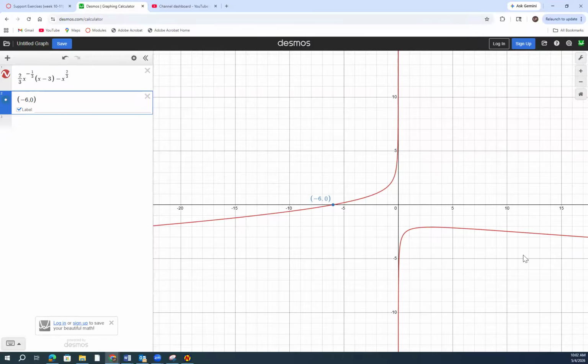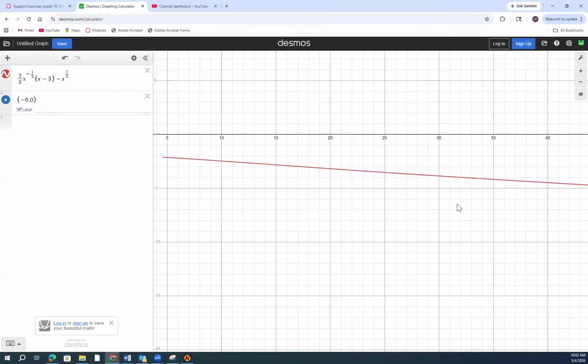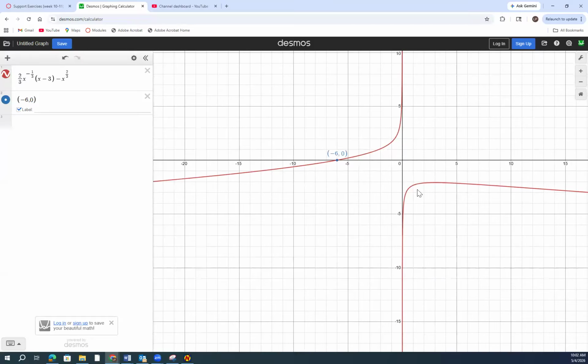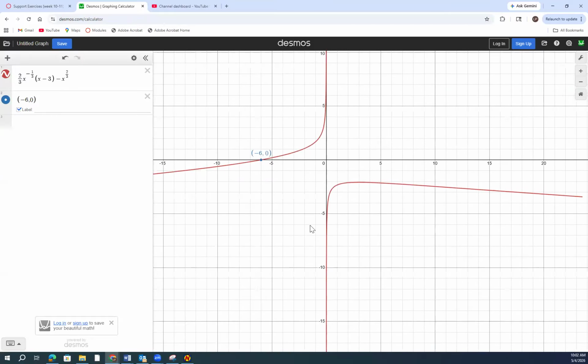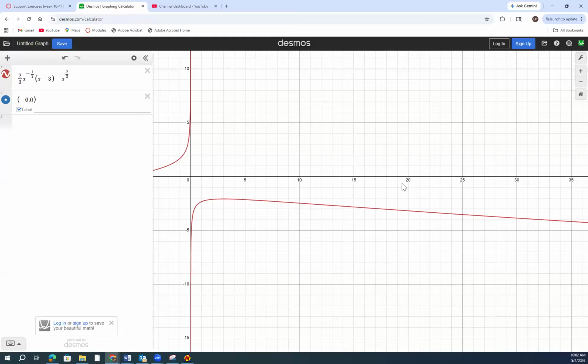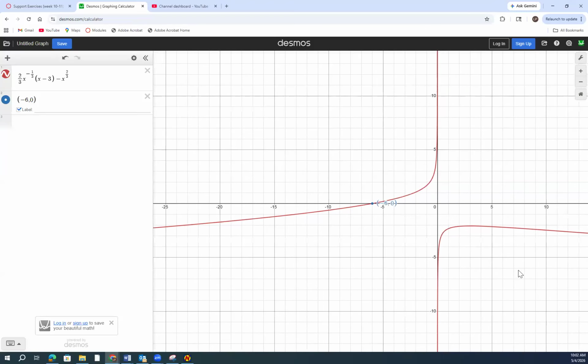The entire piece for x greater than 0 is negative. So all this piece is negative. And only this piece between -6 and 0 is the only piece that's positive.